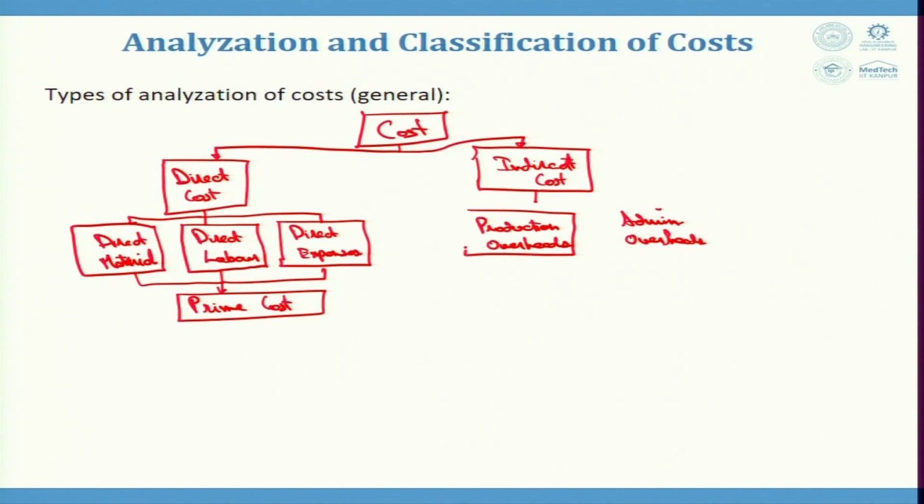Let me put it in the boxes. We have the production overhead and administration overheads. When these overheads are added into the prime cost, it becomes our factory cost.